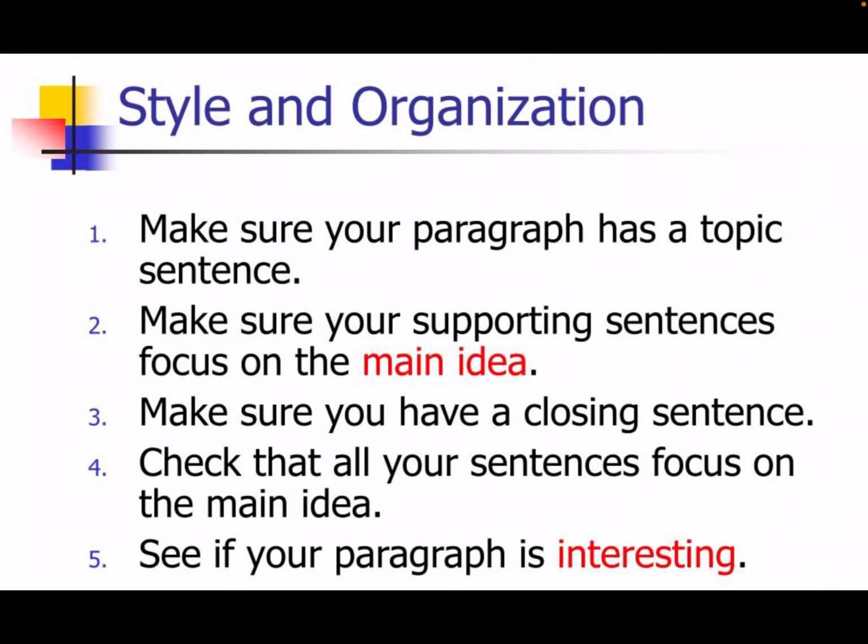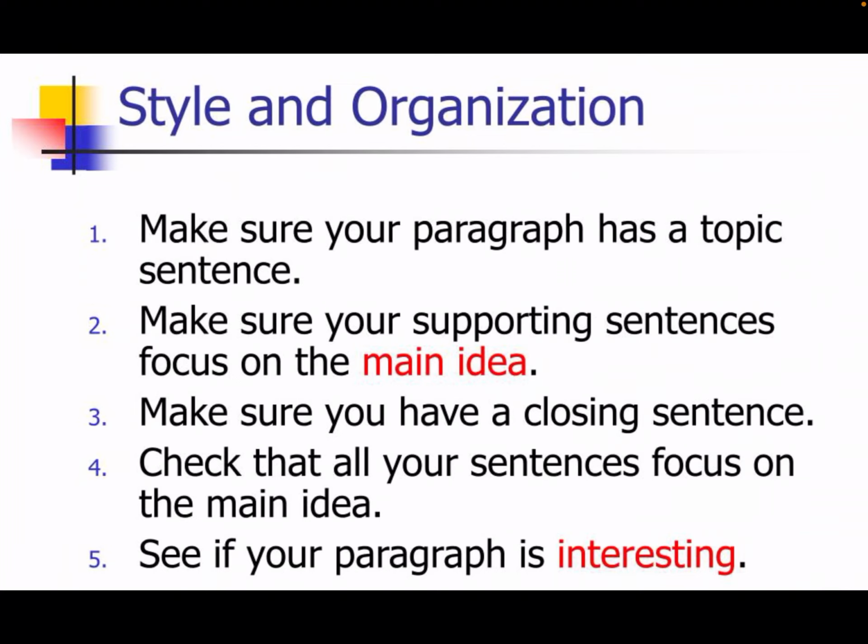We also have to make sure you have a closing sentence, which comes at the end and is called the conclusion. You have to check that all your sentences focus on the main idea and you didn't get off track.